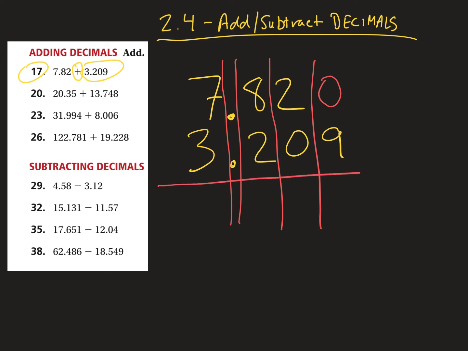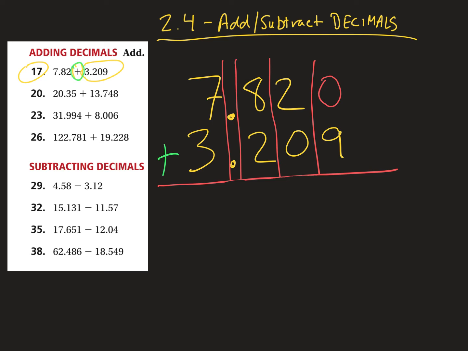And so when we start operating, we have every space above and below each number filled in, and then again, most important, the decimals are lined up vertically. So now it's just straight addition.